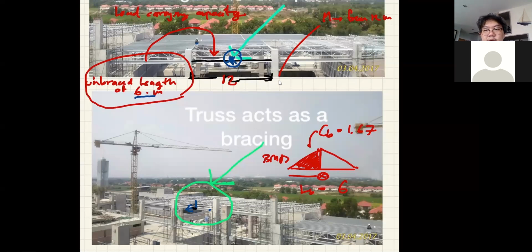You may go out and work in the real world and see many old school engineers always stay on the safe side and use CB equal to 1. That's because they don't talk to the structure. They don't understand the behavior of steel structure.